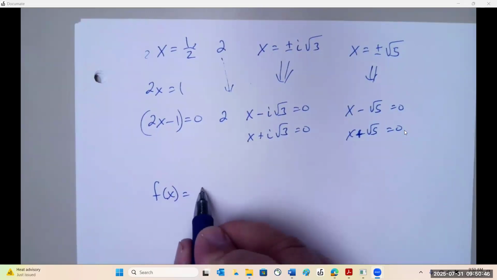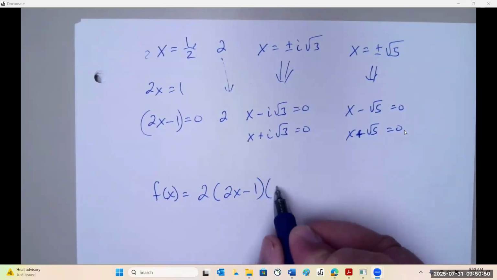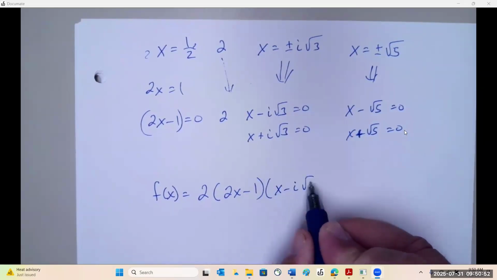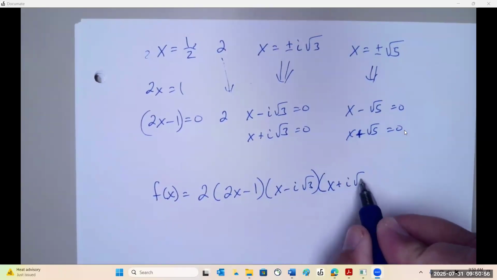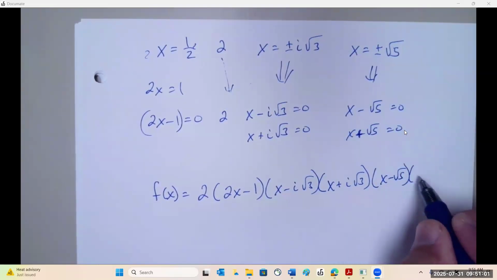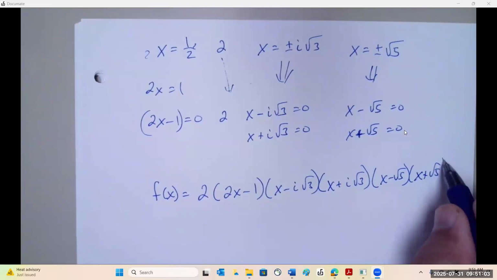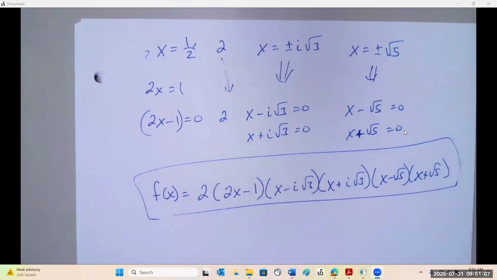So my factors are 2, 2x minus 1, x minus i radical 3, x plus i radical 3, x minus radical 5, x plus radical 5. Those are my linear factors.